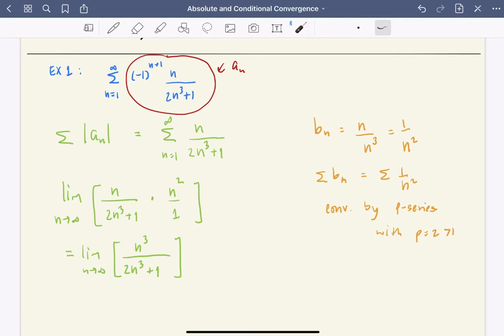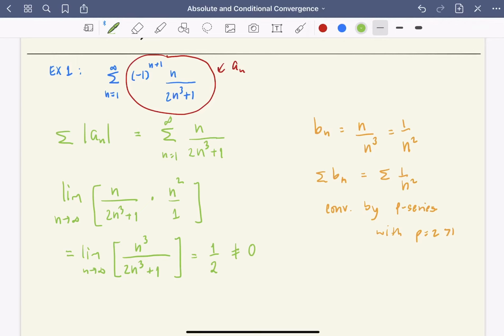We see that the numerator and denominator have the same degree, right? There are many ways to find the limit, but I'll tell you the shortcut here. Since the degree is the same, just take the leading coefficient divided by the leading coefficient. In the numerator the leading coefficient is 1. So the limit is equal to 1/2, which is not equal to 0.